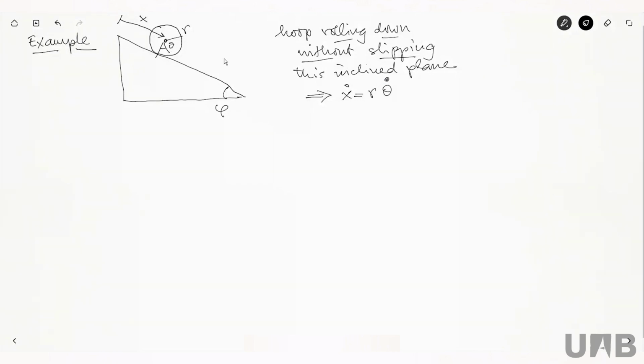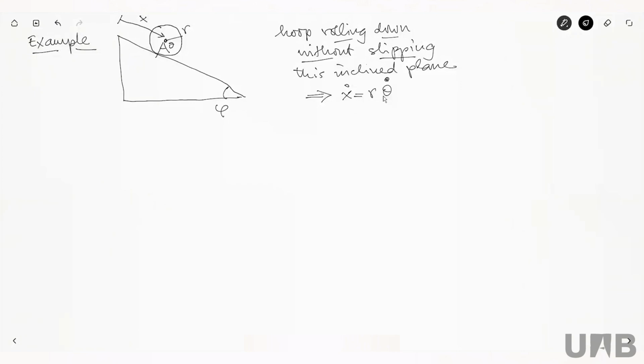So that's what it means to roll down without slipping. There is a relationship between x, the velocity in terms of x, and the angular velocity in terms of the angle theta.